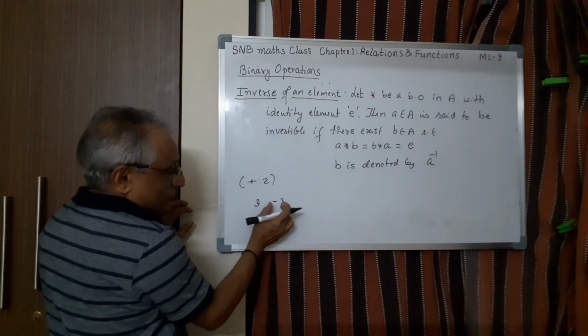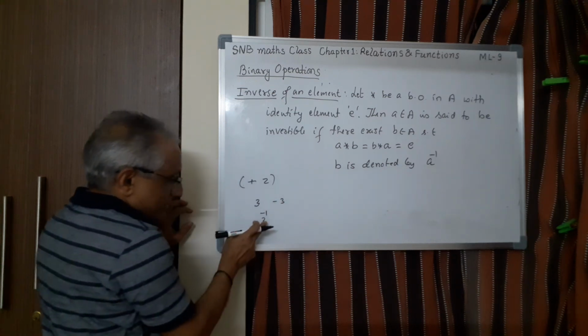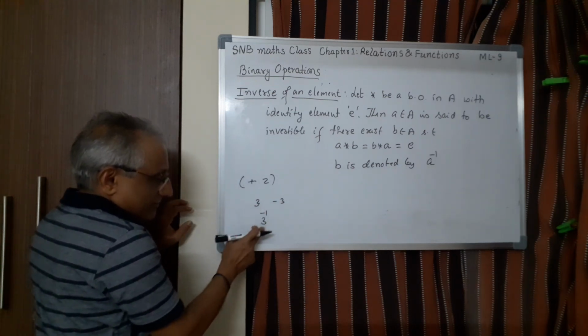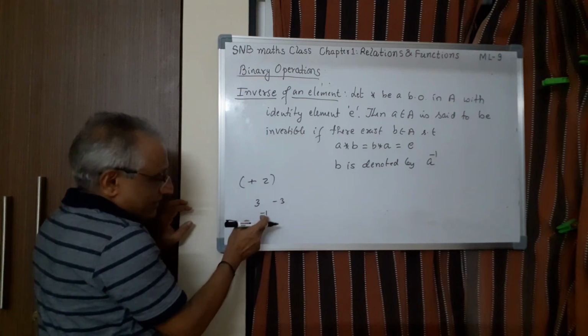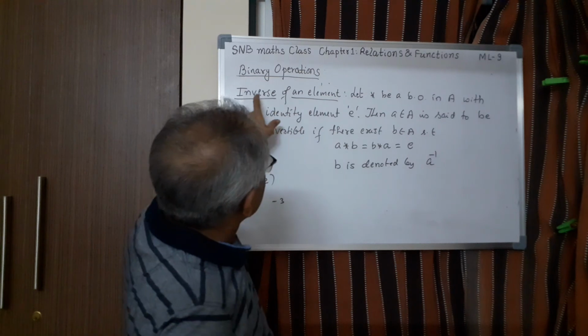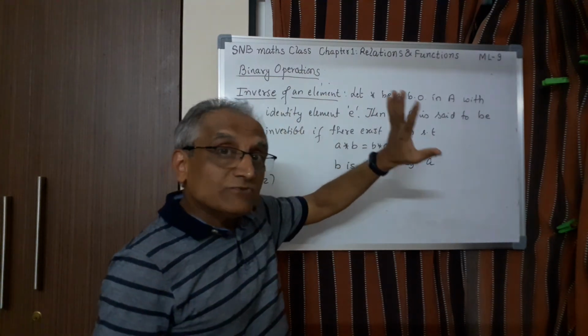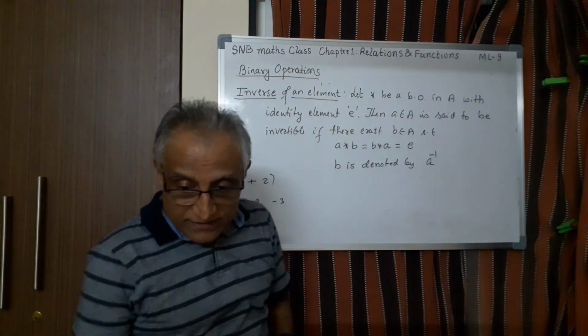It is not 1 by 3. So minus 3 is called 3 inverse in our symbol. But normally in mathematics, when I write 3 inverse, this means 1 by 3 in index form. But here in case of inverse element, you should remember that A inverse means it is the inverse of the element A.